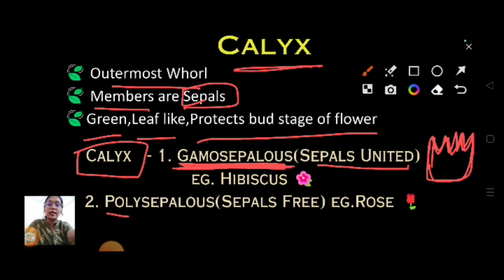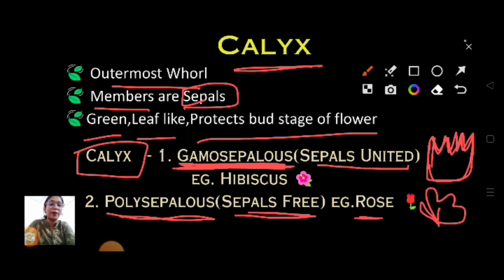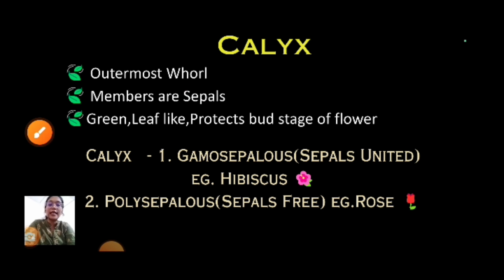And what is polysepalous? When sepals are free. We can see this in the case of rose. Suppose this is the rose, the sepals will be free like this. They are not joined. Is it clear? Gamosepalous means united. Polysepalous means free.